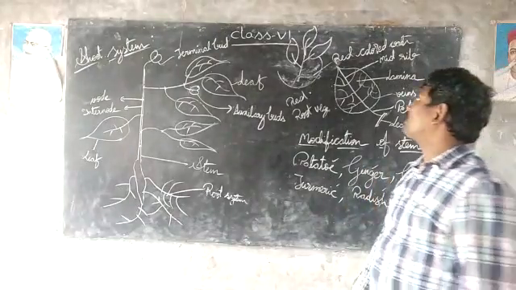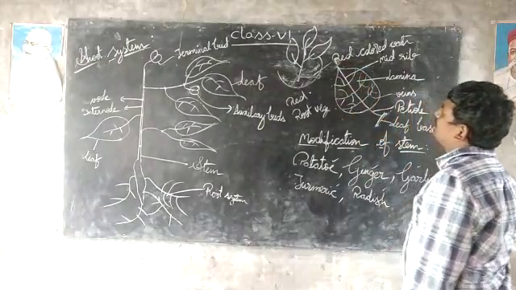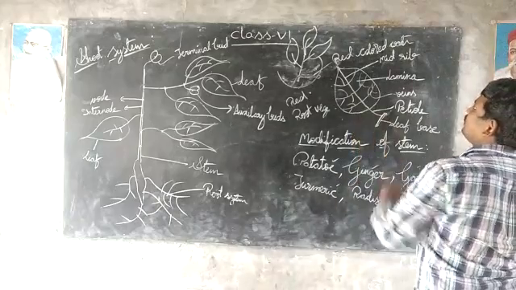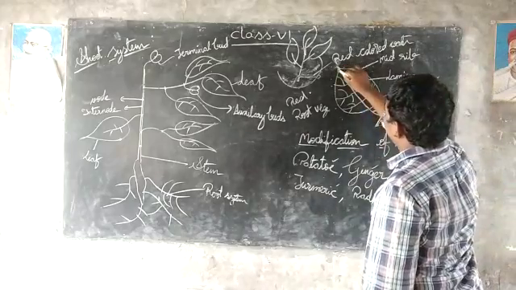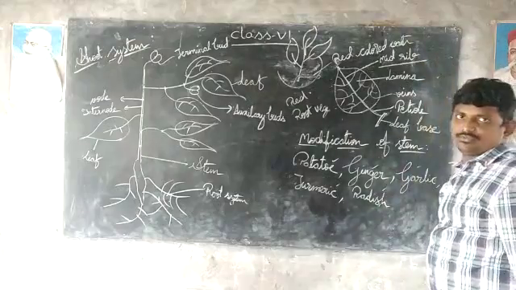And coming to the leaf, there are different parts of a leaf. What are they? See here. This main vein is called the midrib of the leaf.